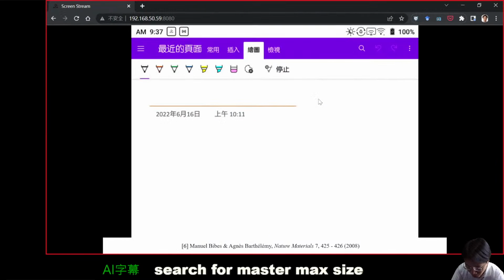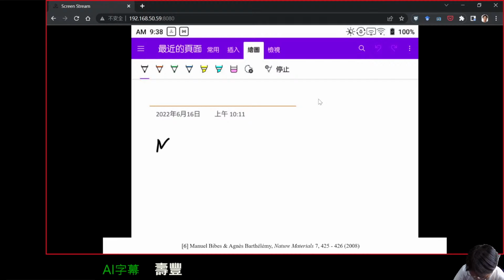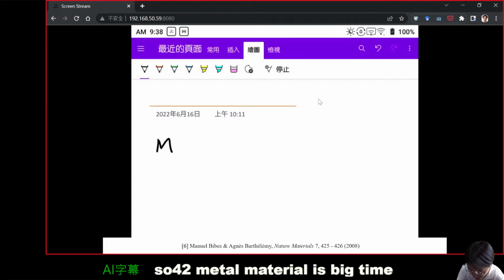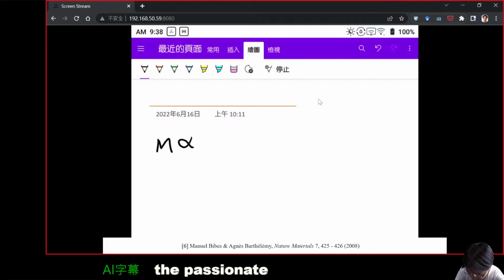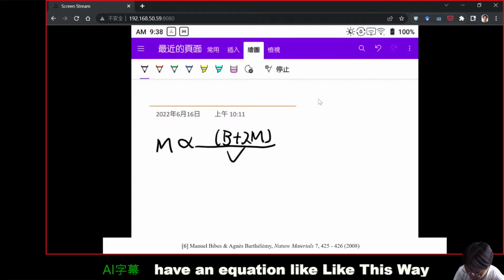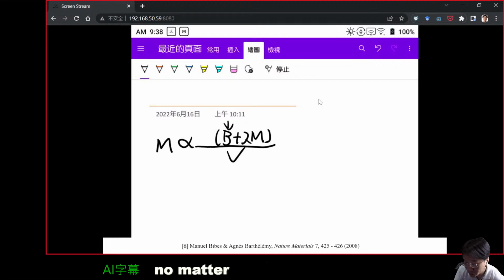For a typical ferromagnetic material, if you remember, its magnetization is proportional to an equation like this. B is the external magnetic field you may apply, and lambda M is the internal magnetic field induced by your own magnetization.